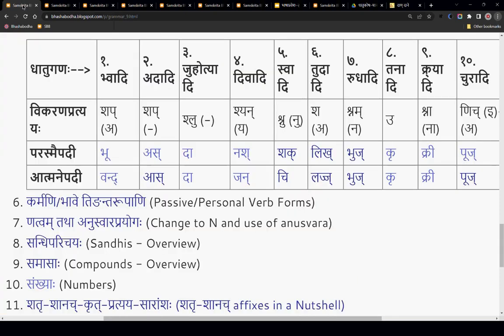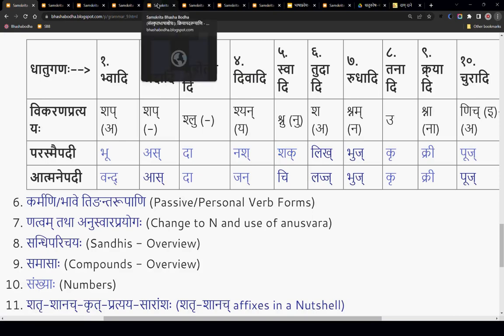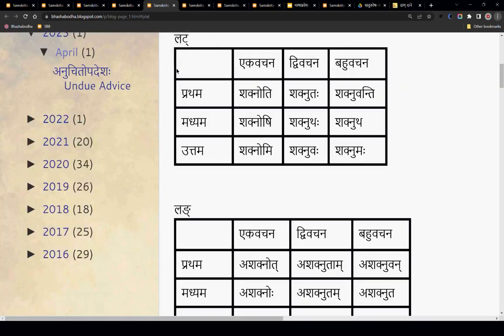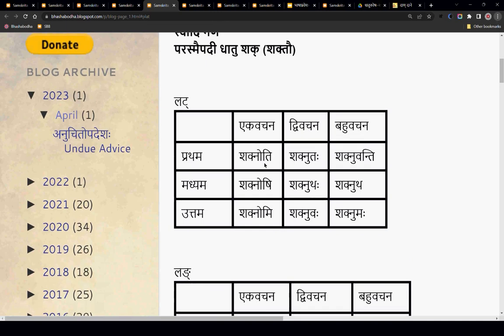So, same thing you can look at here. Svadi, which is the Panchama Gana, the fifth one. So here the shak dhatu, where the last ending letter is ti, because it is Parasmaipadi. But in between the no is coming here. No or nu. Actually nu changes to no in some cases. Shaknoti, shaknutah, shaknuvanti.